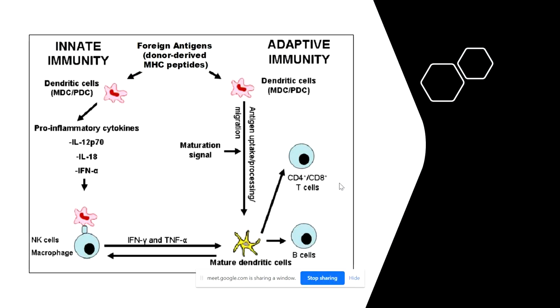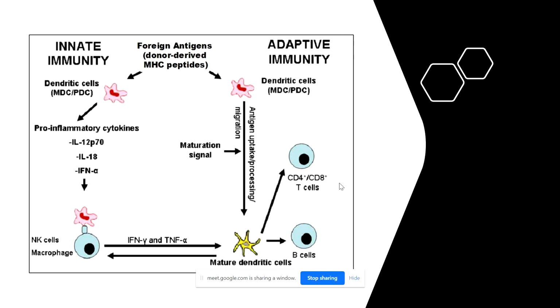So, if you see, this is the basic transplantation immunology. Actually, what happens, the immune protection against foreign antigen in humans relies on a coordinated response of both the innate as well as the adaptive immune system. You know all these things, right?